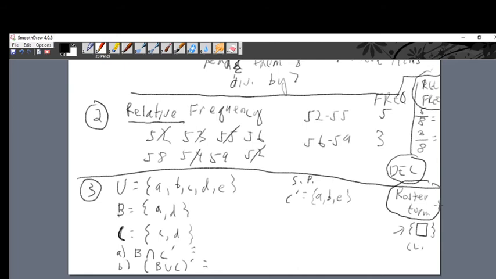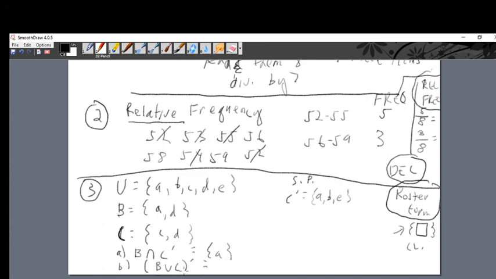Roster form. Don't forget that. Now, back to what we're doing. That's C prime. What's B intersect C prime? It has to be in B, and it has to be in C prime. So it has to be in A, B, or E, and it also has to be in A and D. There's only one that fits. The answer is A.